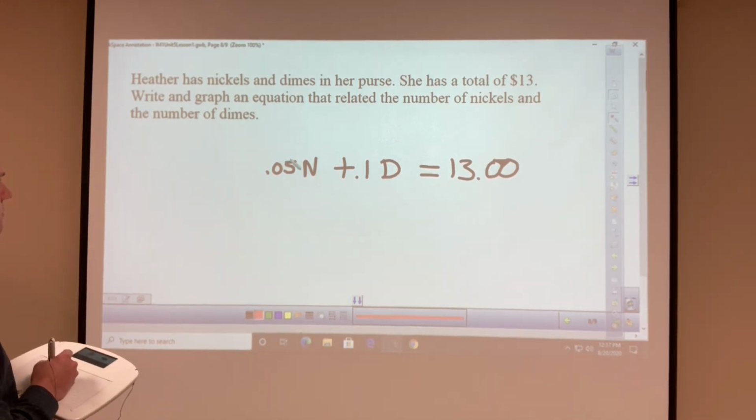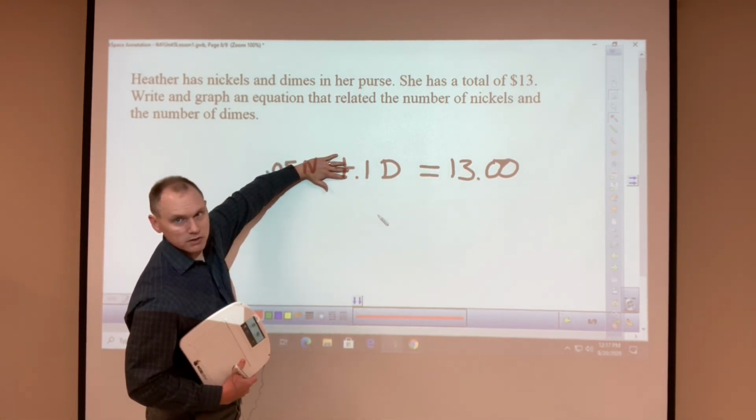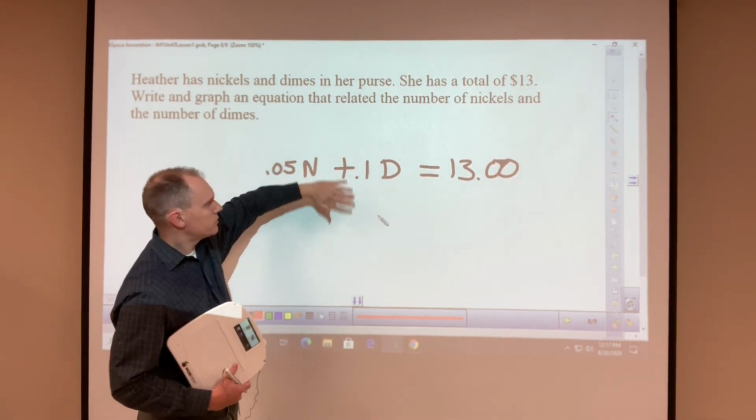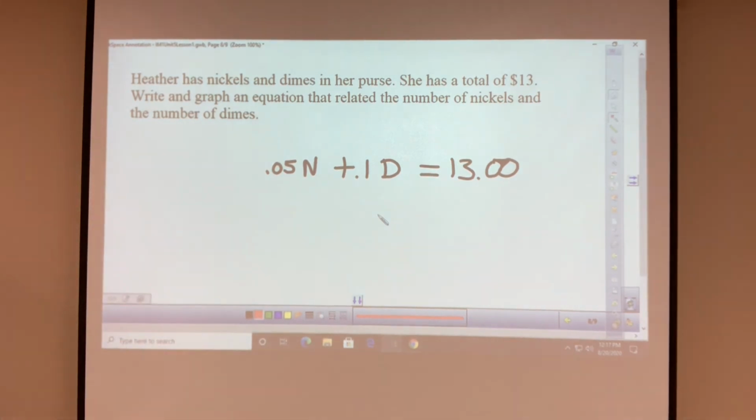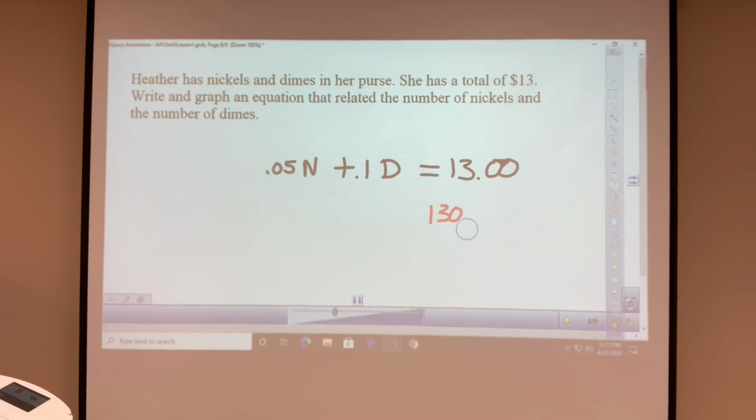If we were to cover up the nickels and solve for the dimes here, what would that intercept be? So 13 divided by 0.1 is 130. So 130, and let me just make sure here, I made dimes my y-axis here. So that would be the y-intercept.